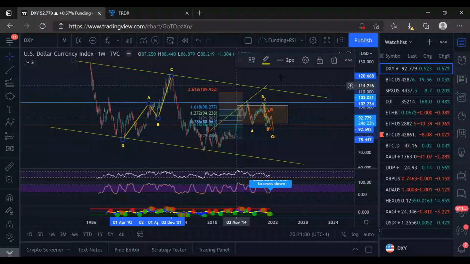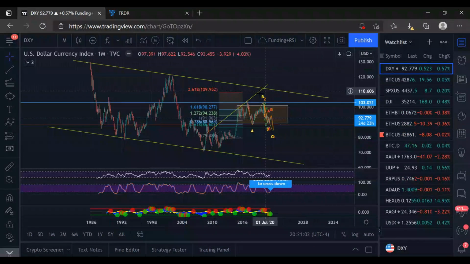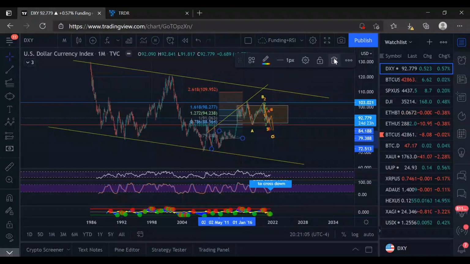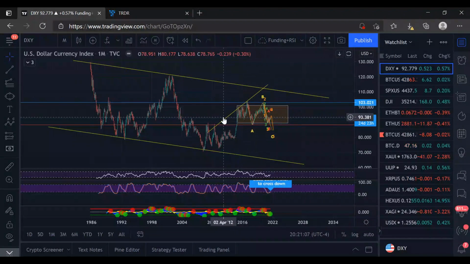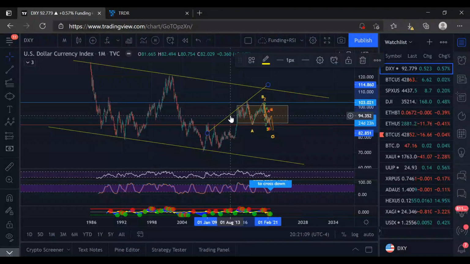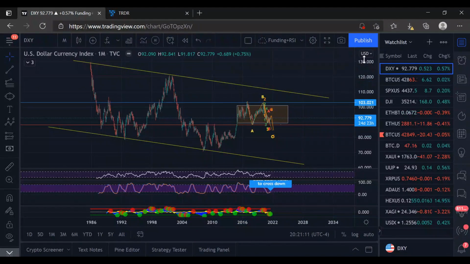So what are you tracking this on such a large time frame for? Do you use that? I used it last year to project where Bitcoin was going to be. I actually projected May of 2021 for a $60,000 to $100,000 Bitcoin.